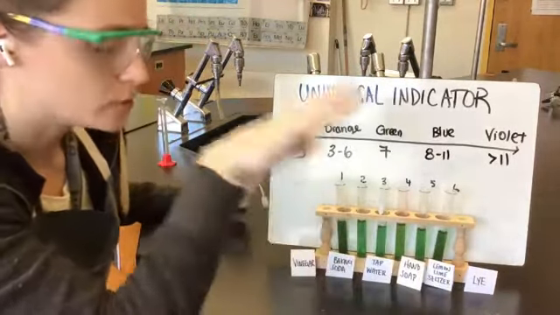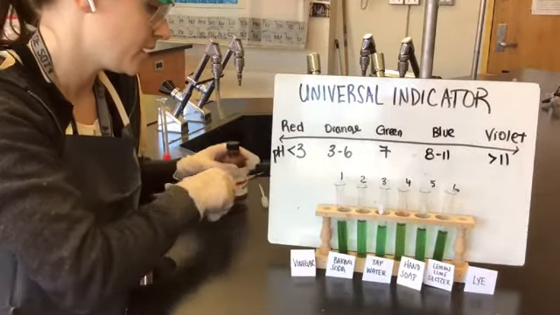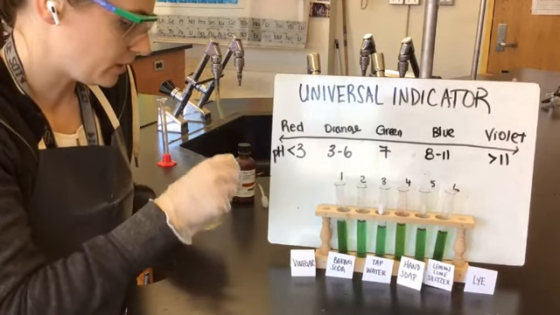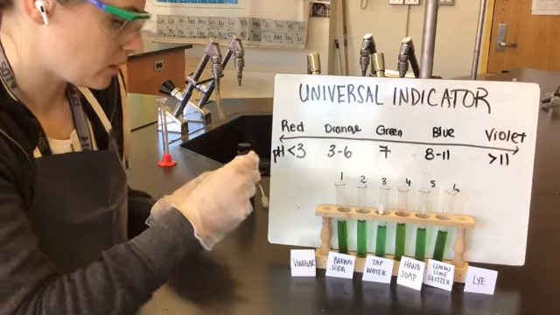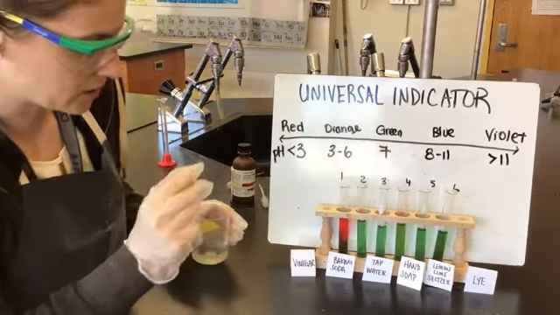So currently the test tubes only have tap water and universal indicator in them. I'm going to go ahead and add approximately 1 milliliter of each substance to each test tube.